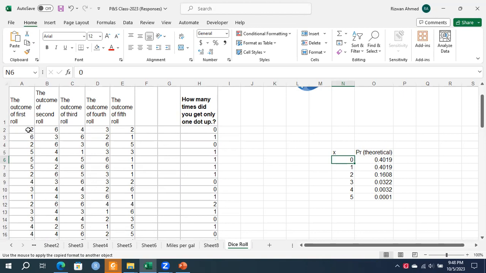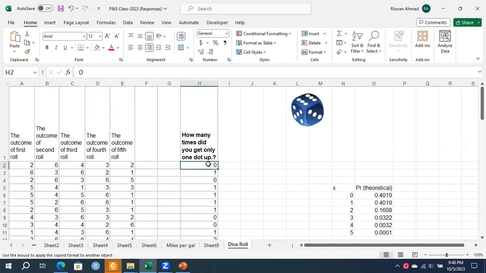So we have the outcomes 2, 6, 4, 3, 2. Well, this seems to be a fair one. So in all these 5 times, not a single time the face with one dot showed up. So we have all the outcomes.